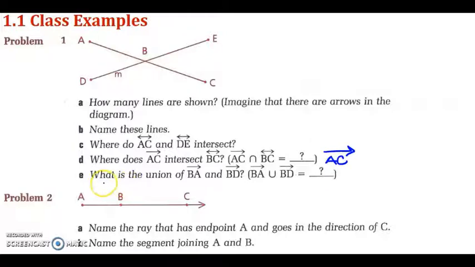The next example is, what is the union of ray BA, union is one color, and ray BD? When I join that together, I get angle ABD.